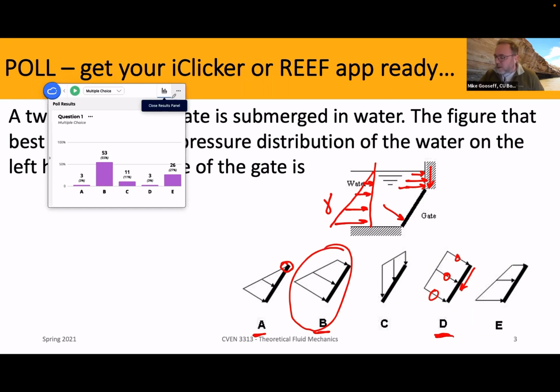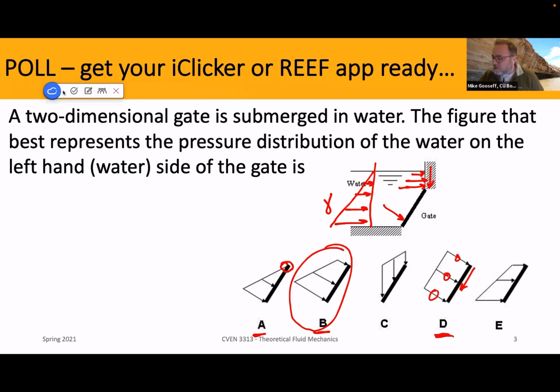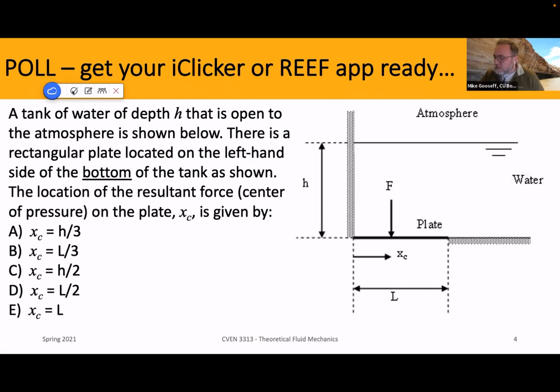All right, so let me go on to another one here. A tank of water of depth H that is open to the atmosphere is shown, well, at the side, not below. There's a rectangular plate located on the left-hand side of the bottom of the tank, as shown.